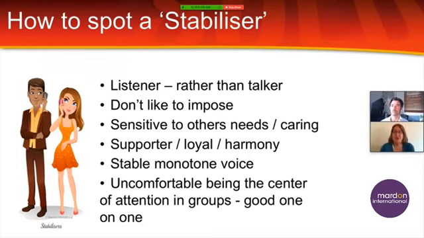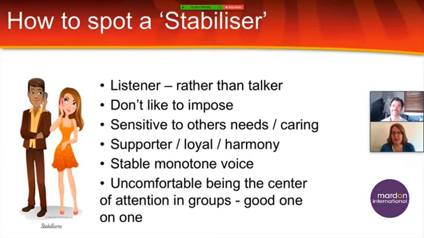They don't like to impose their thoughts or their feelings on someone else. They're quite reserved. They're very sensitive to others' needs. They're very caring. They're very supportive. They're loyal. One of the things they strive for is harmony. They dislike conflict, and they're going to look for ways to create harmony.